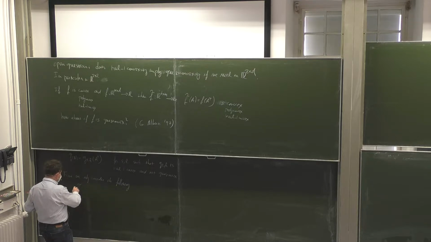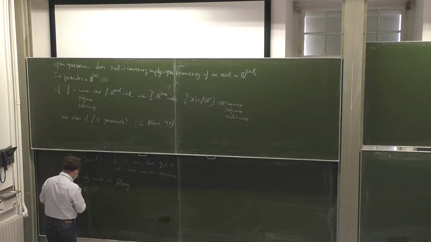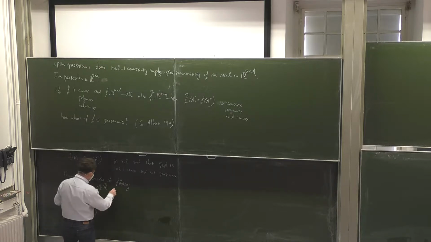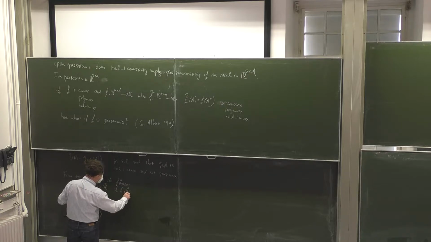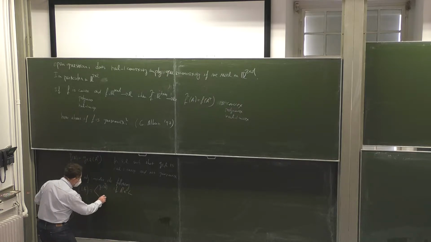I take my f tilde of A, and this will be my G of A transposed if A transposed lives in the subspace L, and it will be plus infinity otherwise.